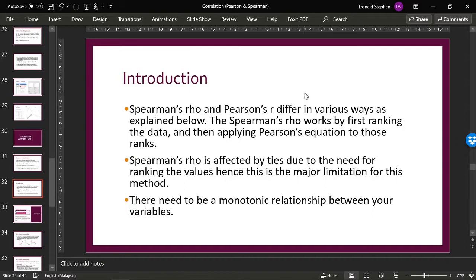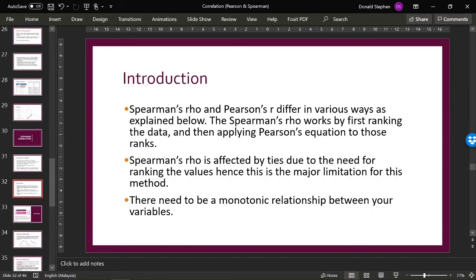The same data values have the same rank. This is a limitation of this method, but every method has its own limitations. For Pearson, for example, the limitation is that it is affected by outliers. So there are pros and cons, and we will look at this difference later on.